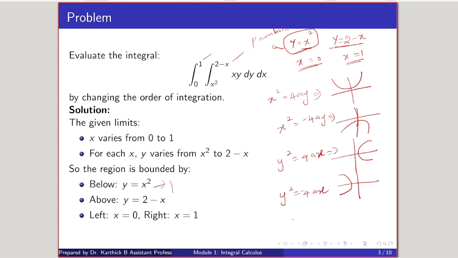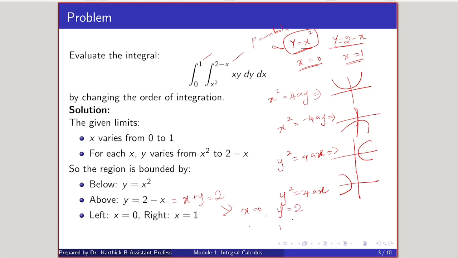Now we may take the line equation. This can be written as x plus y equal to 2. From this, if I substitute x equal to 0, then I get y equal to 2.